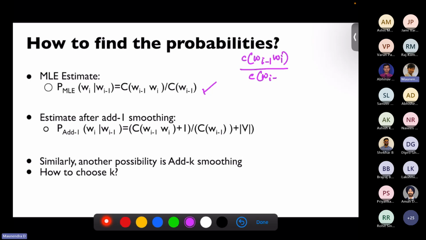If this one is very small, we want to get rid of that. So for every word, in the numerator we add 1, and in the denominator we add the number of words in the vocabulary. So the original probability now gets transformed into something like this. Add 1 because we are adding 1 in the numerator. Can anybody give the reasoning for having this plus V in the denominator?